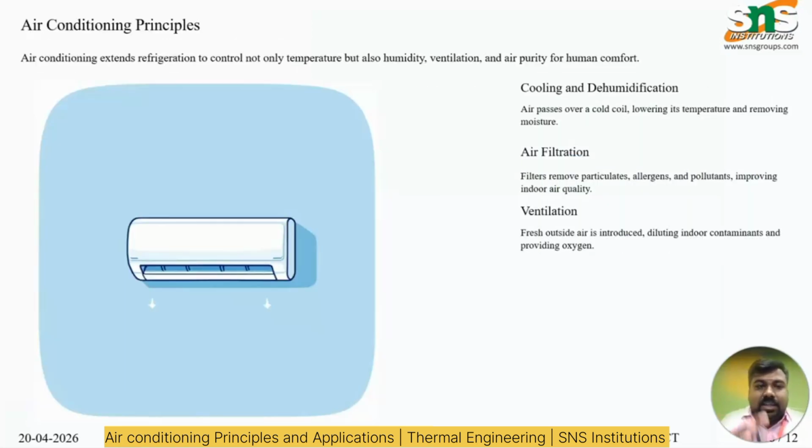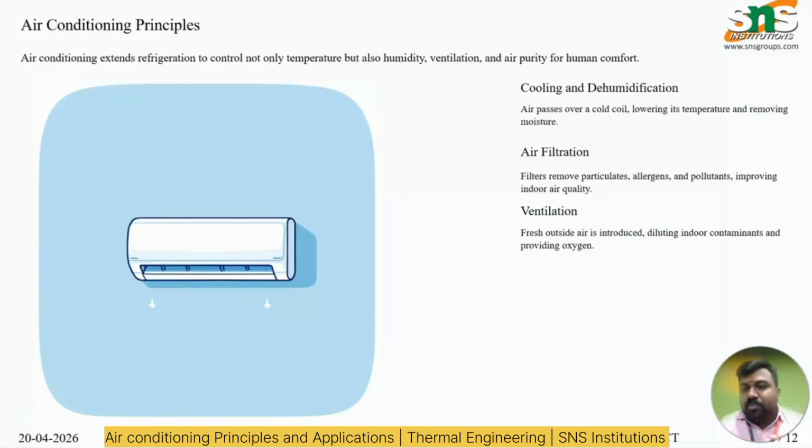In air conditioning principles, it extends refrigeration to control not only the temperature, but also the humidity, ventilation as well as the air purity for human comfort. In the cooling and dehumidification process, the air passes over a cold coil, lowering its temperature and removing moisture from the environment.